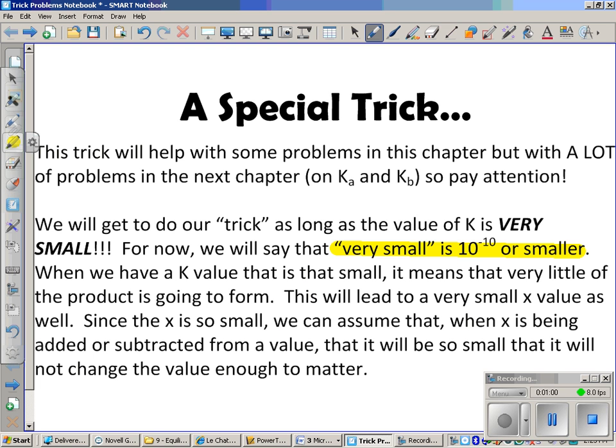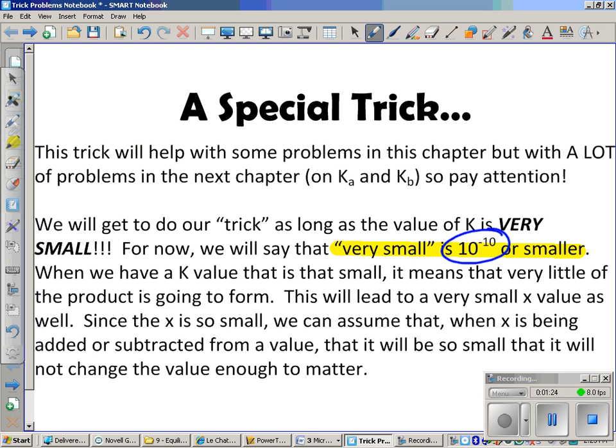Remember, if it's 10 to the negative 10th or smaller, that is saying a ridiculously small amount of product forms. Essentially, so much so that sometimes we even say those reactions are no reactions, although there might be a tiny bit of a reaction going on. Okay, so if you have a K value that is 10 to the negative 10th or smaller, then you can do what I'm about to teach you.